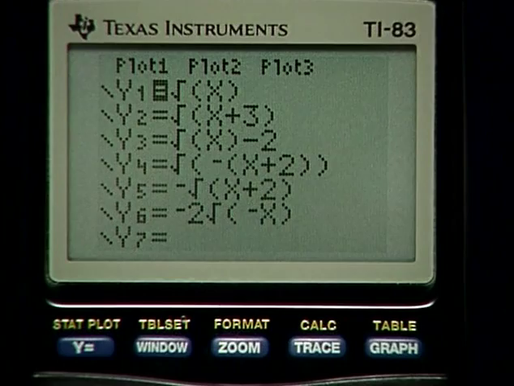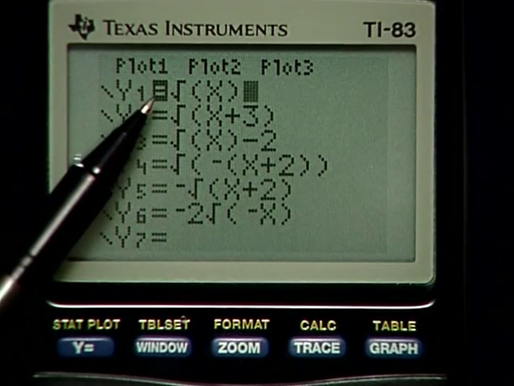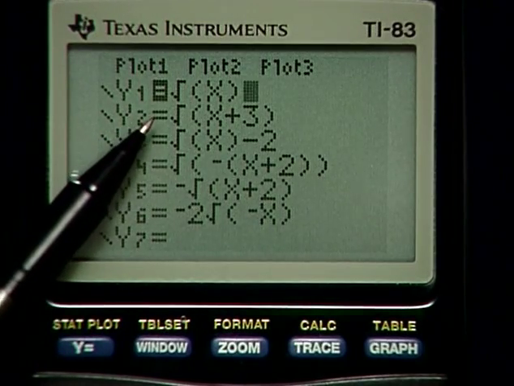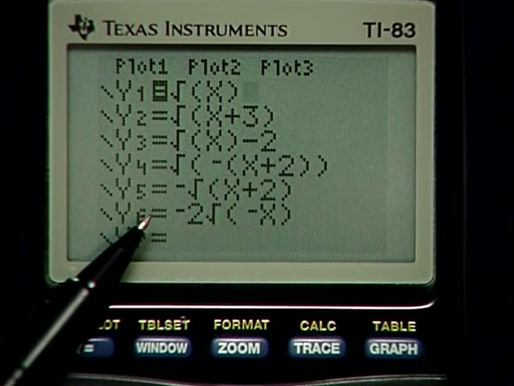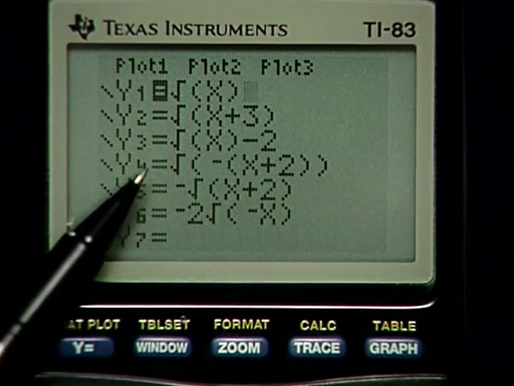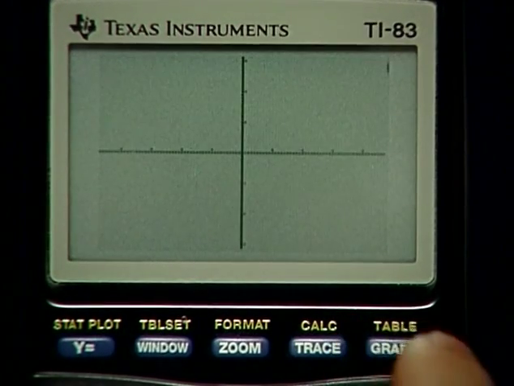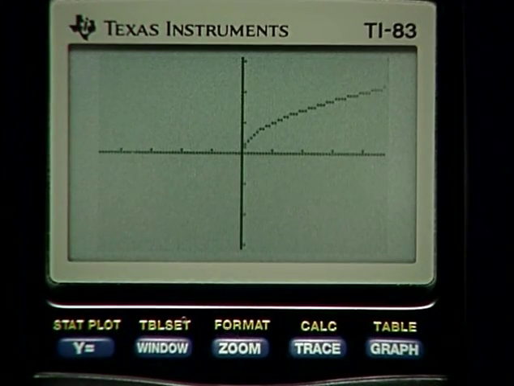Now notice that the equal sign is highlighted here but not highlighted here, and having no highlight will cause the graphs of these equations not to appear. I'll show you how to highlight them in just a little bit. But the graph of the square root of x is here, and it is as we would expect it to be.